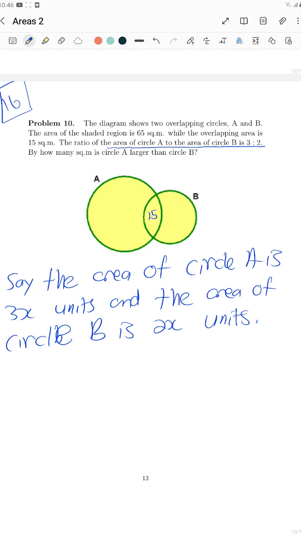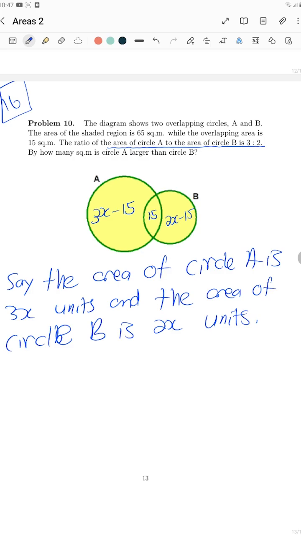So by doing some area counting, if the area of B is 2x and the overlapping part is 15, then the non-overlapping part has got to be 2x minus 15. Likewise, if the area of A is 3x units and the overlapping part is 15, then the non-overlapping part has got to be 3x minus 15.